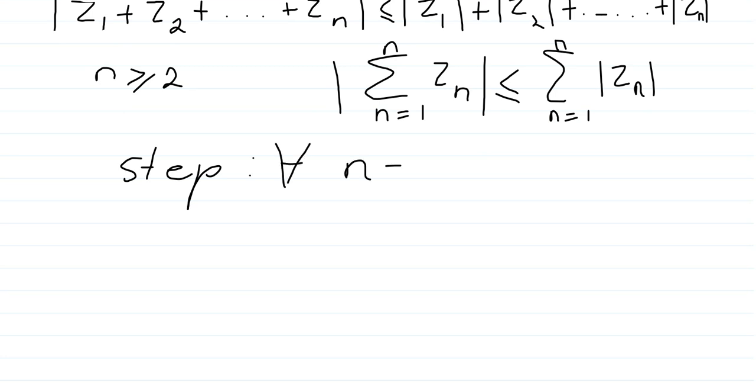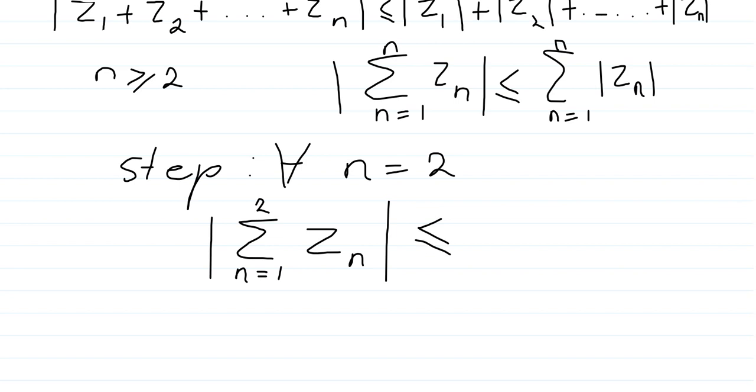So when n is 2, we are going to have the modulus of the sum from n equals 1 to 2 of zn less than or equal to the sum from n equals 1 to 2 of the modulus of zn.